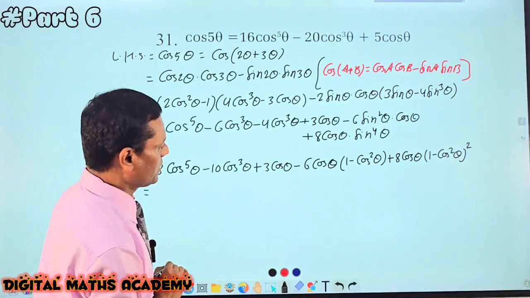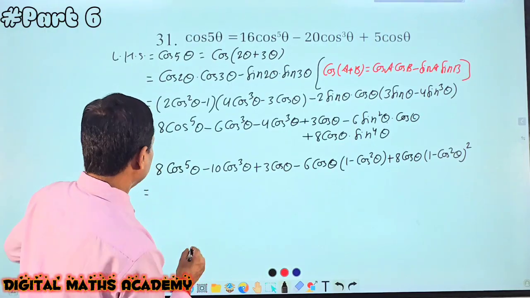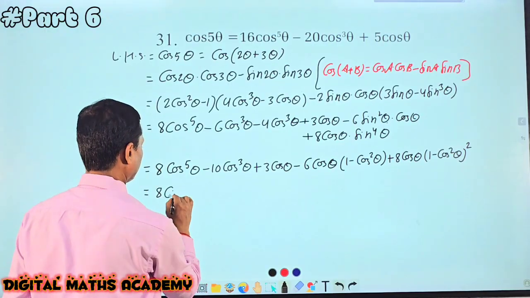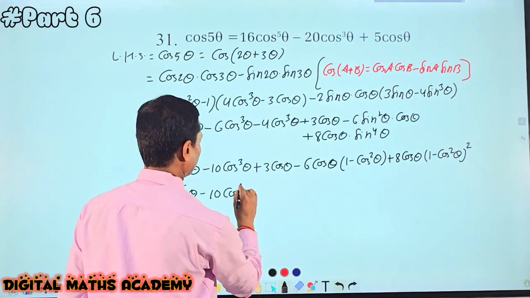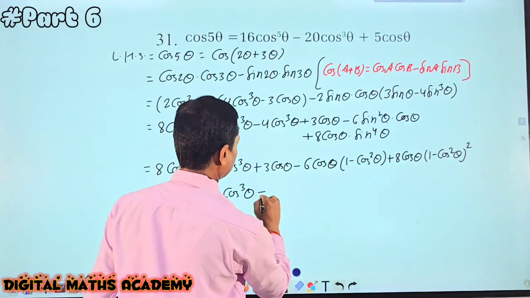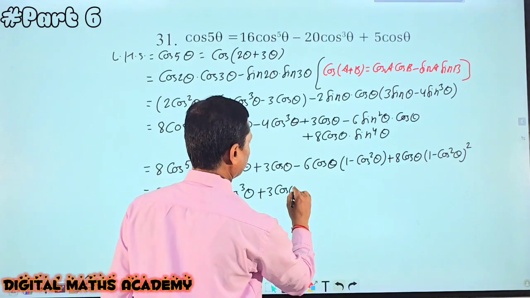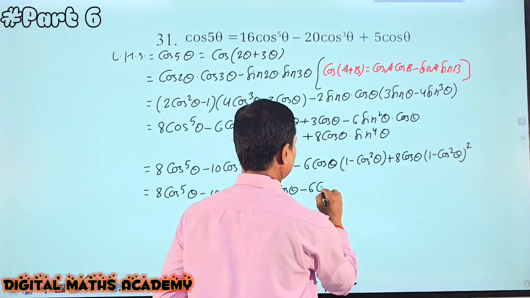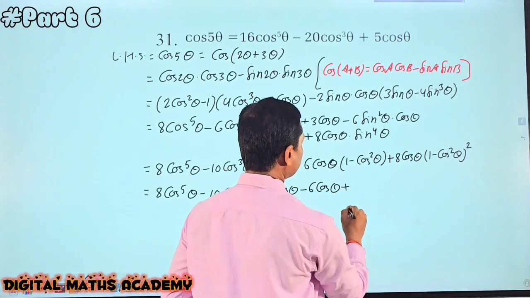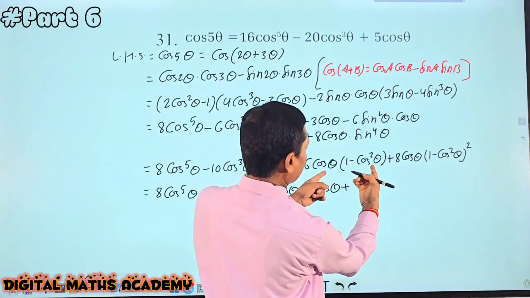Okay. See carefully. Here 8 cos to the power 5 theta minus 10 cos to the power 3 theta, okay, plus 3 cos theta. Okay, just open the bracket here. Minus 6 cos theta, minus plus 6 cos theta dot cos square.